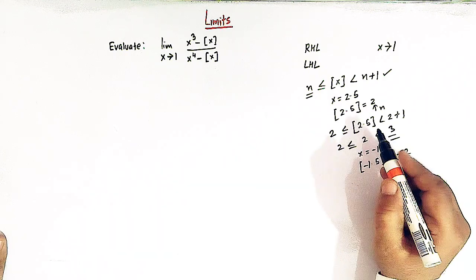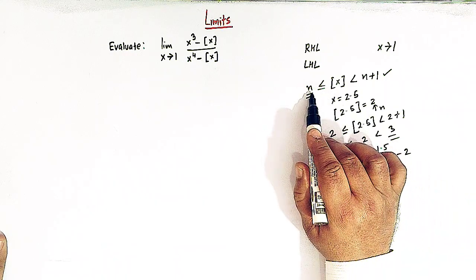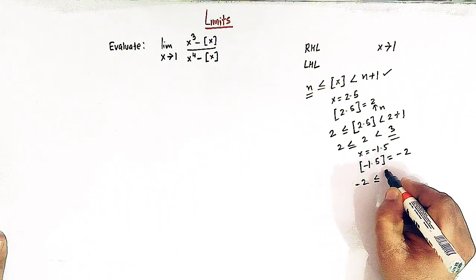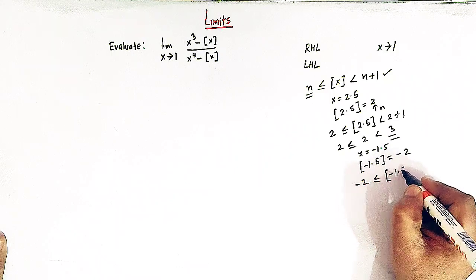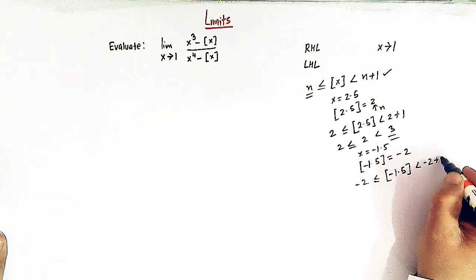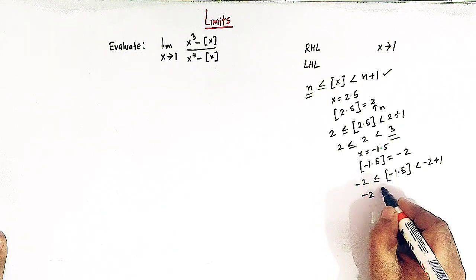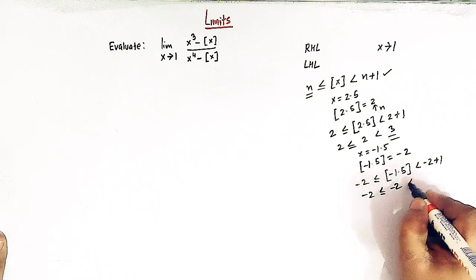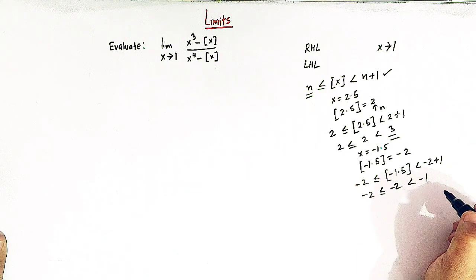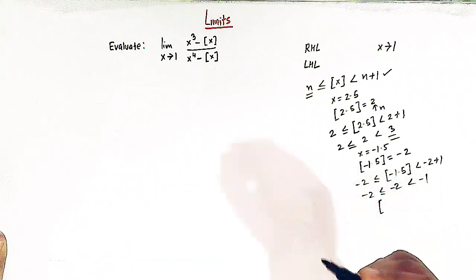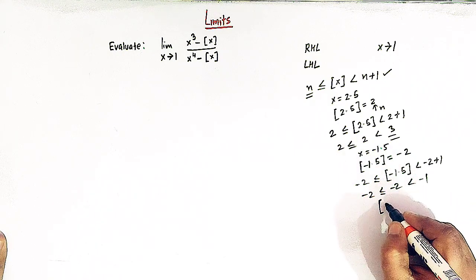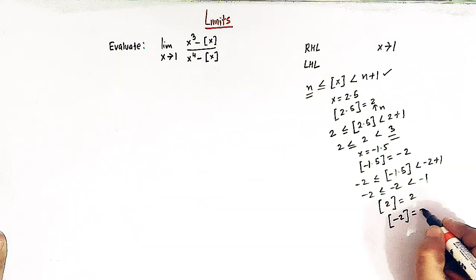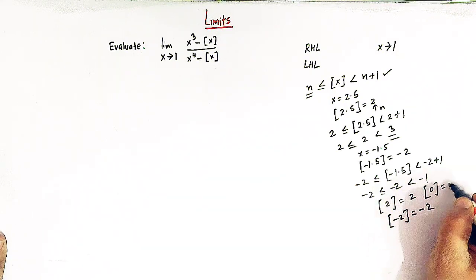Writing this in terms of the inequality, we have minus 2 less than or equal to the greatest integer of minus 1.5, less than minus 2 plus 1, which is minus 1. And we know that the greatest integer of any integer, say greatest integer of 2 is simply 2, greatest integer of minus 2 is minus 2, and greatest integer of 0 is 0.